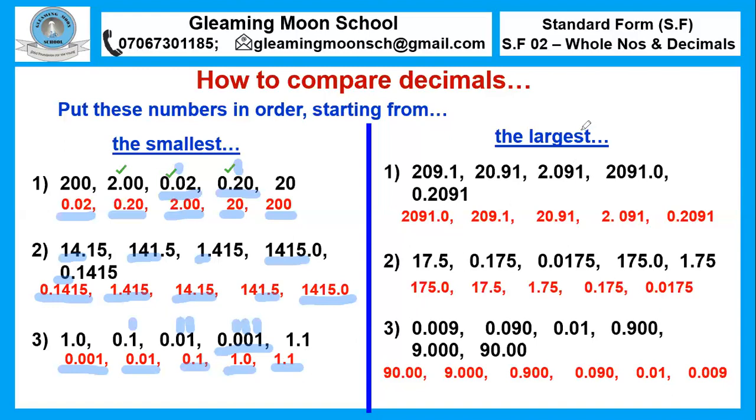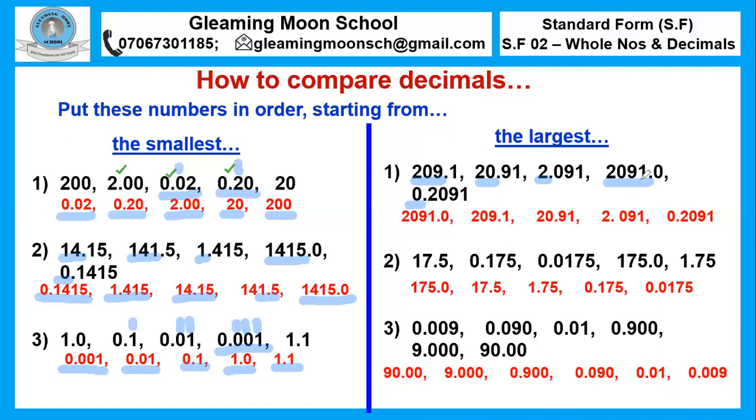Okay, now here we are going from largest to smallest. So we'll begin with the largest number. So here we have 209 wholes, 20 wholes, 2 wholes, 2,091 wholes, and 0 wholes.